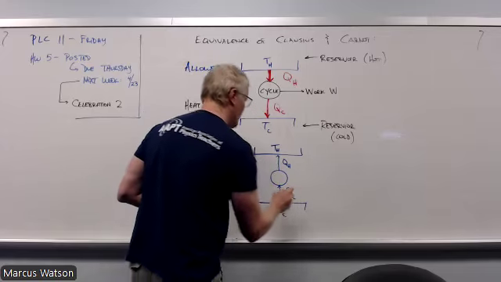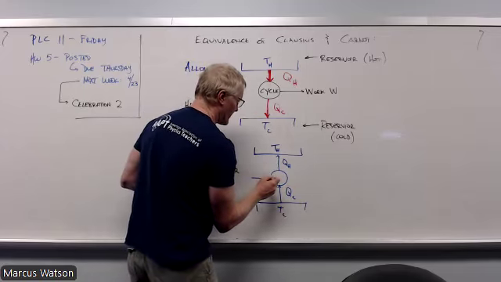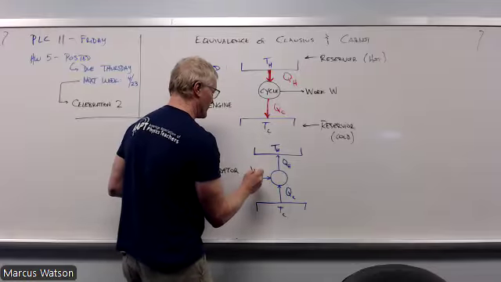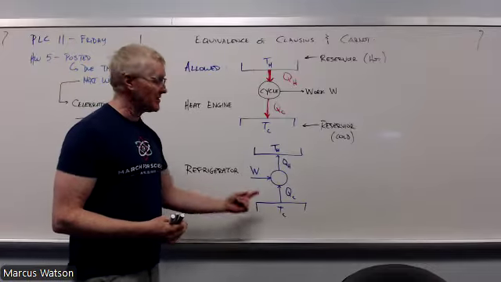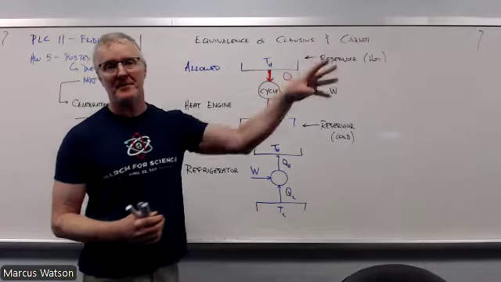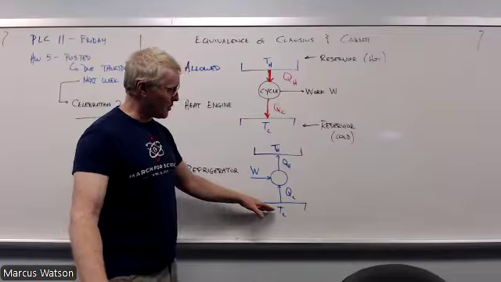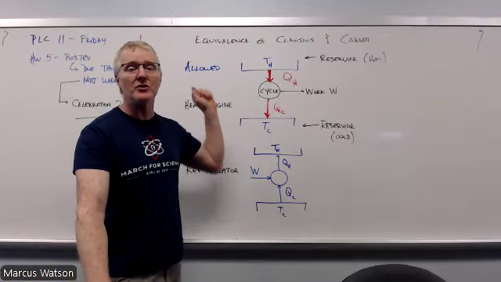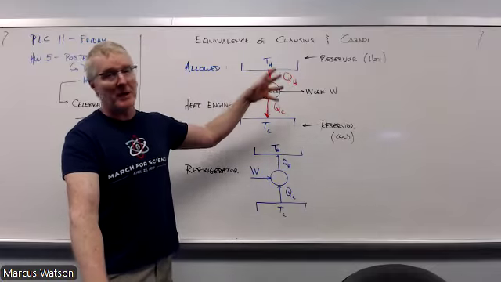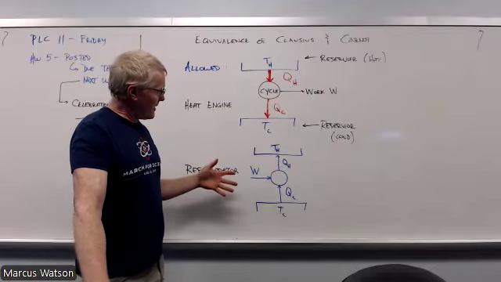This is still known as QC, but now in order to effect that transfer, work needs to be put into the cycle in order to cause the heat to come away from the cold and get dumped into the hot. This maintains the cold temperature by exhausting some of the heat into the surroundings and making the surroundings warmer, all right?